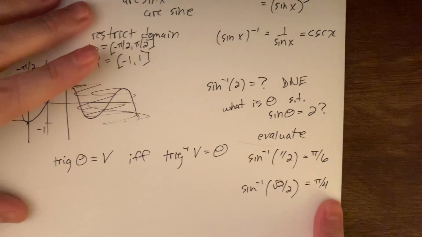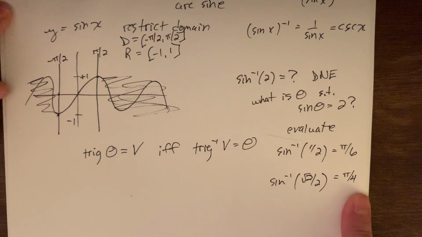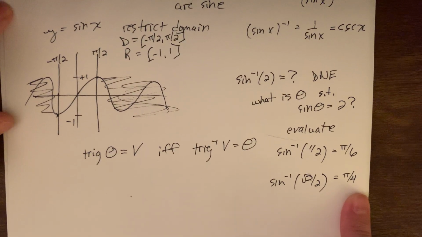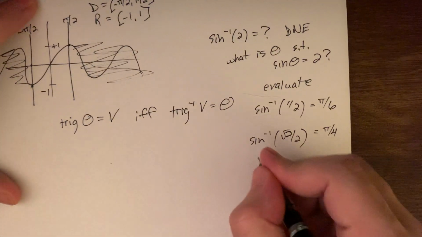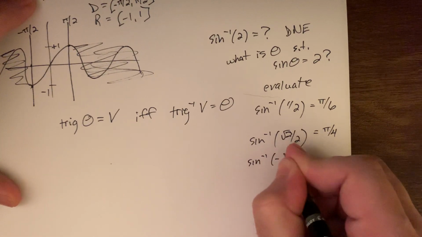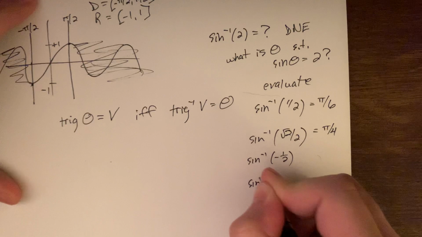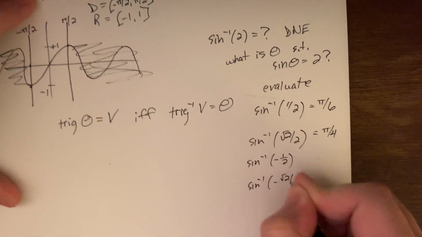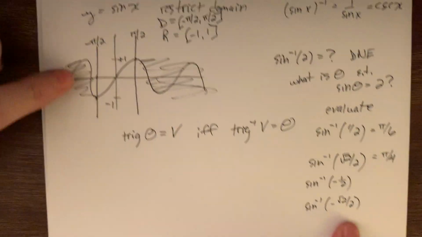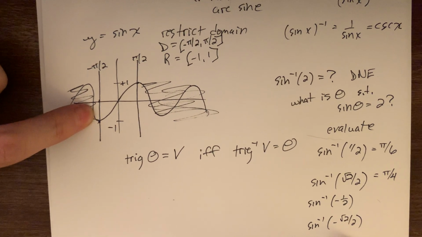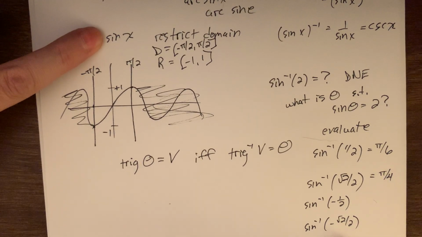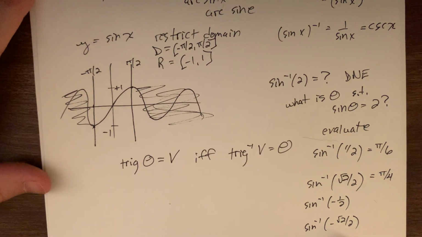How can this get tricky? The truth is, it really can't. Because even if you get negative values, what's inverse sine of negative 1/2 and inverse sine of negative rad 2 over 2? We'll go back to the original graph. I know I'm looking at the graph of sine, but I'm just flipping my inputs and outputs.